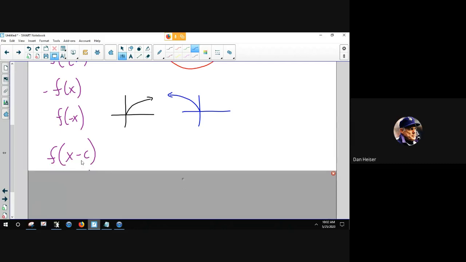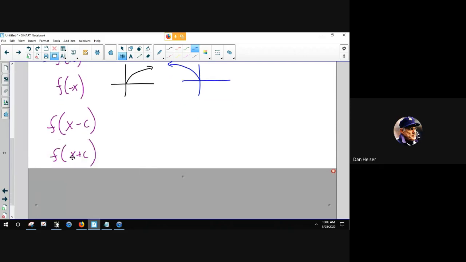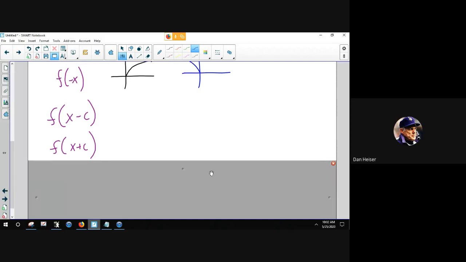Here we have a shift C units to the right. Here we have a shift C units to the left. So using our parabola example, shifted it right, shifted it left.